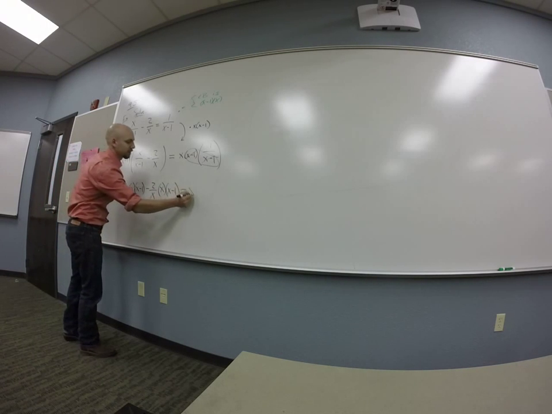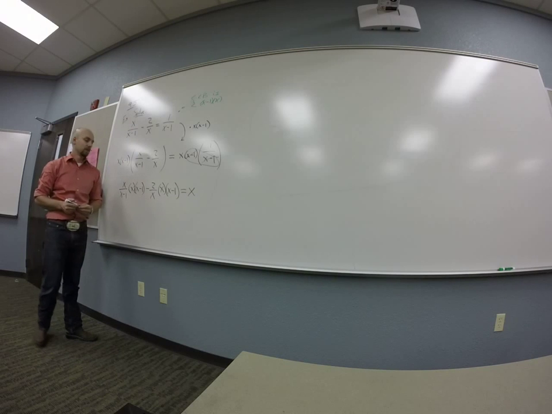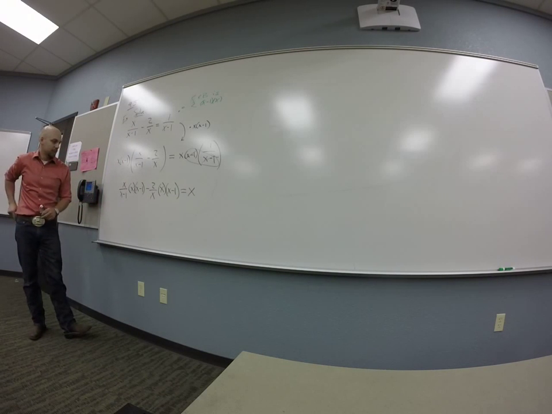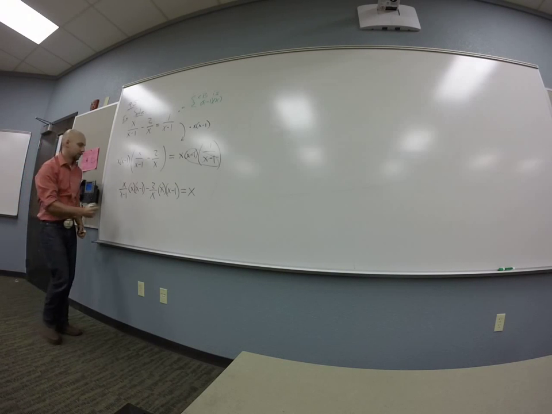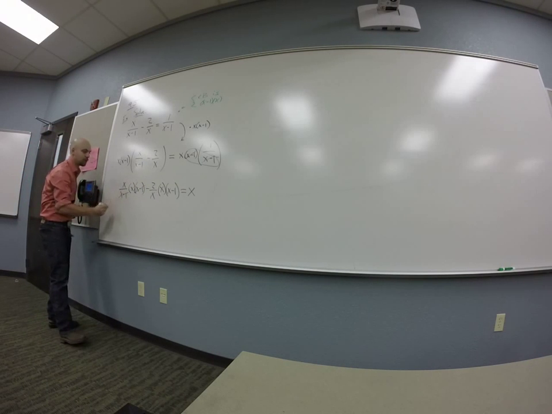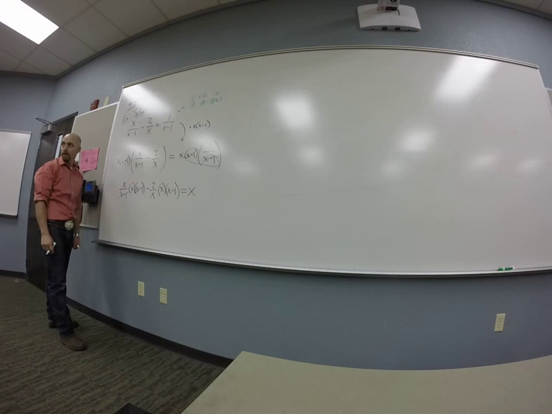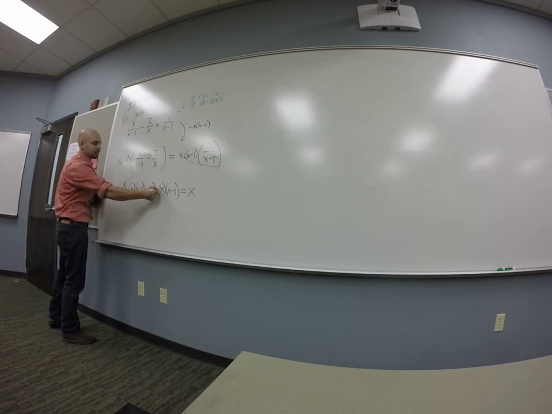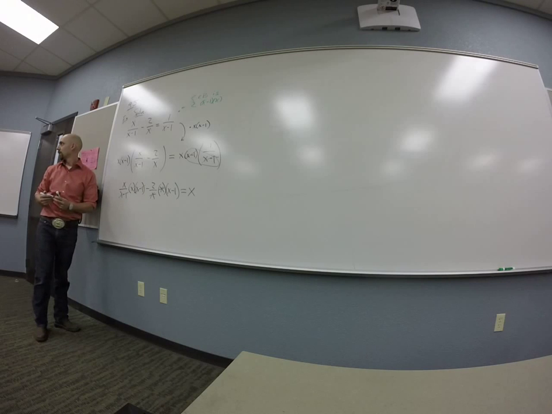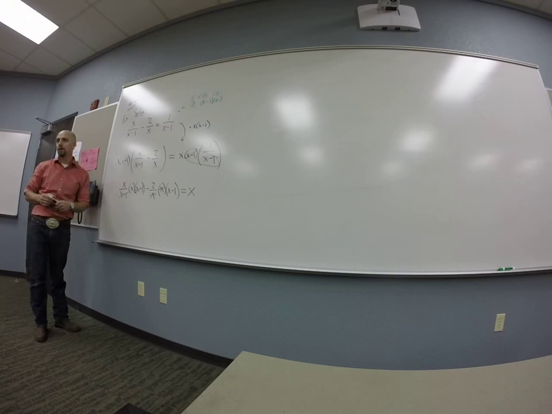That's x. Okay, now where are the things I can cancel on the left? There's an x minus 1 in the first bit and an x in the second bit. You see that?